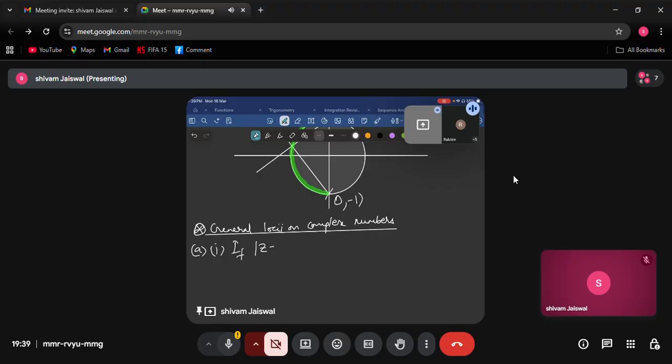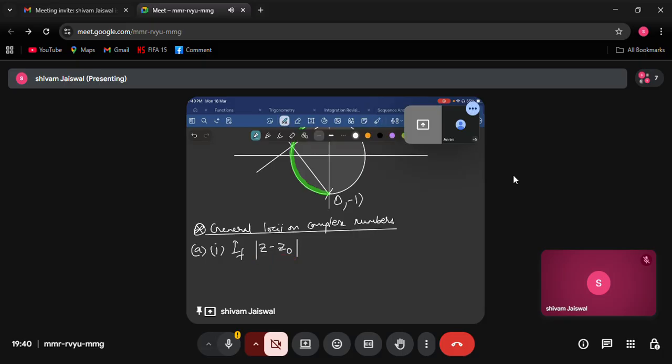If mod of z minus z naught... what does mod of z minus z naught represent, everyone? What happened? The whole chapter is going to get over. Nobody is able to tell me what mod of z minus z naught represents. So, distance of z from z naught, where z naught is a fixed point and z is a variable point.